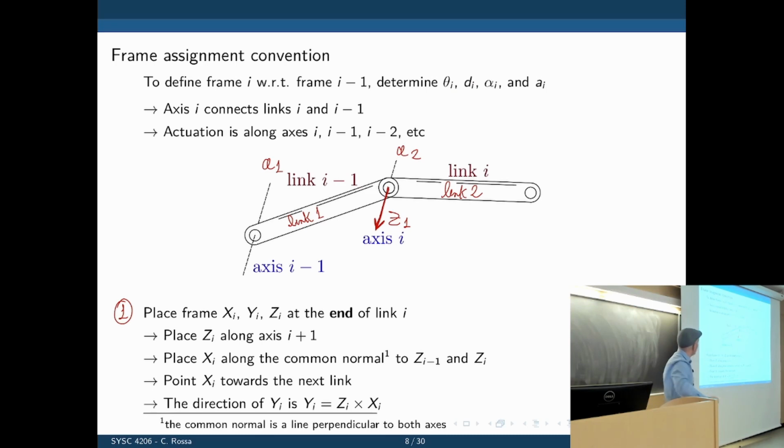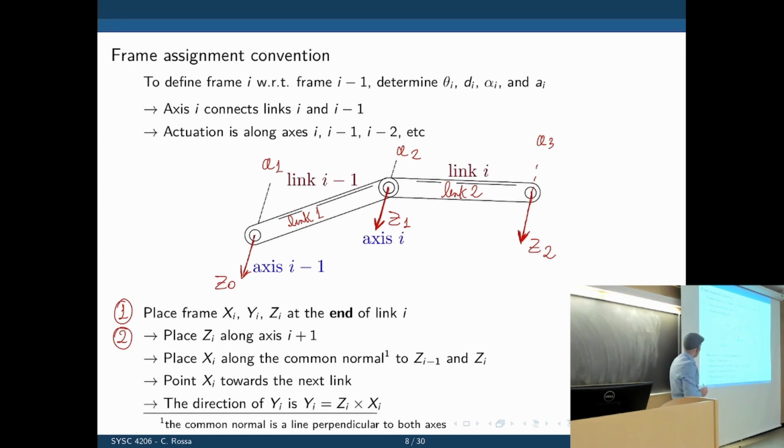So if that is Z1, then this one here should be Z0. And for the next one there, we could place an axis here, axis 3. This would be Z2. So Z2, this frame here, you are constructing to describe link 2. What's the next step? The next step, so this is step 2: place the Z axis along the actuation axis.